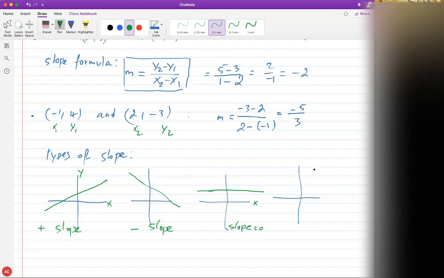And if the line is vertical, means it's like this, and it's parallel to the y-axis. The slope is undefined. For now, just remember those like that. Don't think about them too much. Okay, just by looking at a line now, you can at least know the sign of the slope.